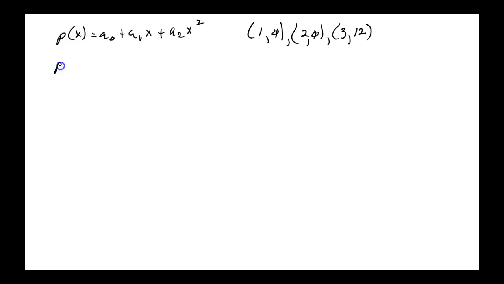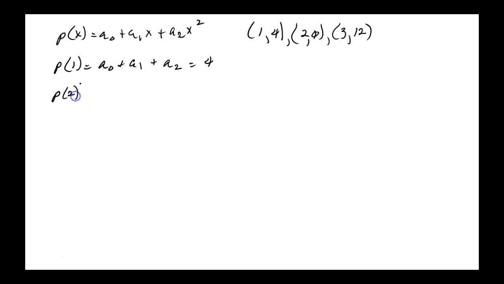Well, then we know that P of 1 will be a sub 0 plus a1 times 1 plus a2 times 1 squared, and that's equal to 4. We just plug in 1 for the x's and have it equal to the y. So there's your first equation.